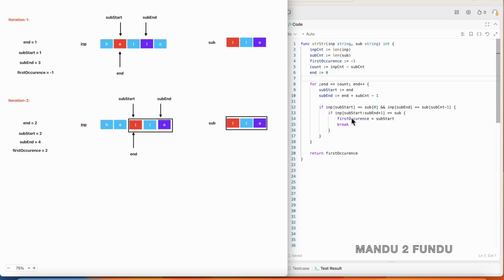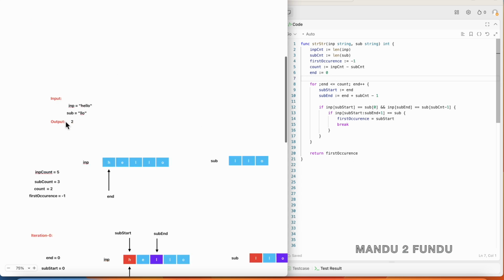So in that case we assign the substart to the first occurrence variable. So in this case it is index 2, so we assign that value to the first occurrence variable and break out of the loop, and then we return the first occurrence index. That is the expected output.